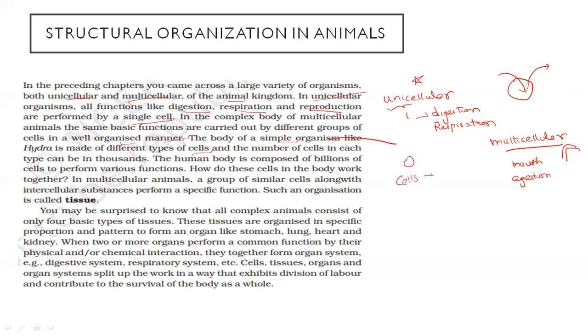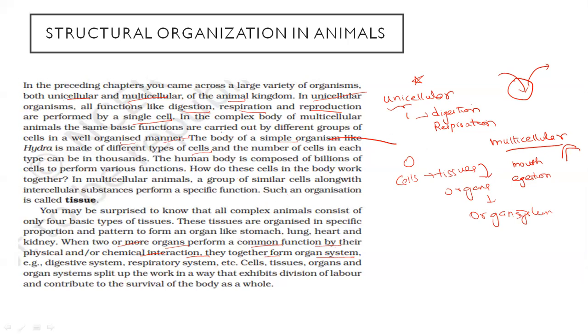Cells make up tissues, and tissues give organs, and we have organ systems, right? So we have the digestive system, circulatory system, nervous system, and so on. When two or more organs perform a common function by their physical or chemical interaction, they together form an organ system. Like I told you, respiratory system, digestive system.